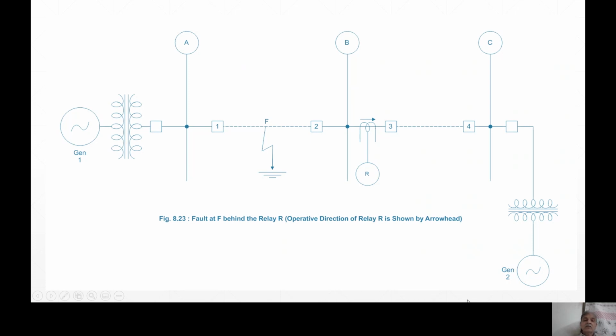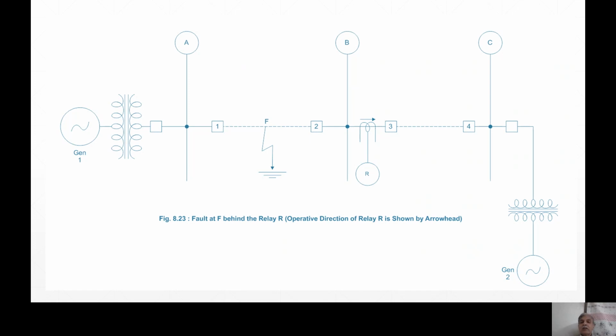Yes, this relay R should not operate, but it operates for fault F. That is the difficulty, because this is in third zone, and third zone is within the characteristic. So relay R operates. It should not operate because if relay R operates, it will break its own breaker 3.